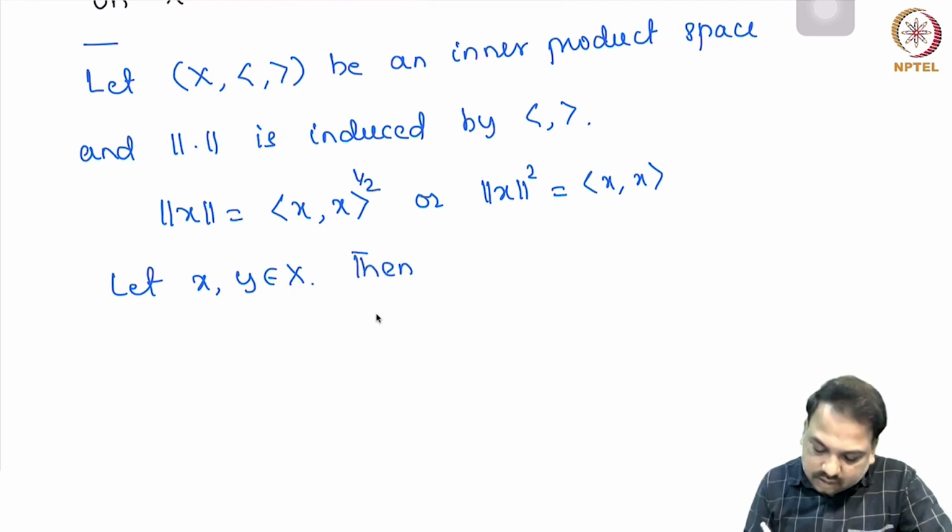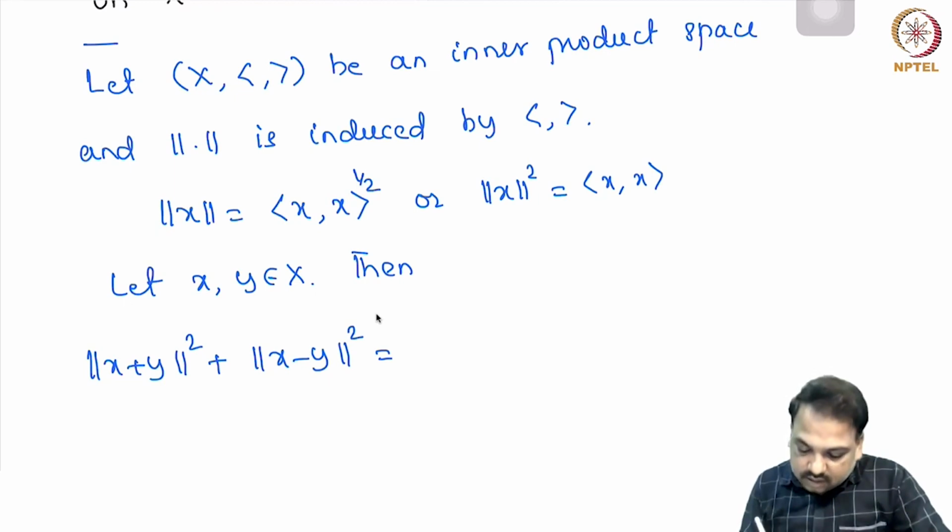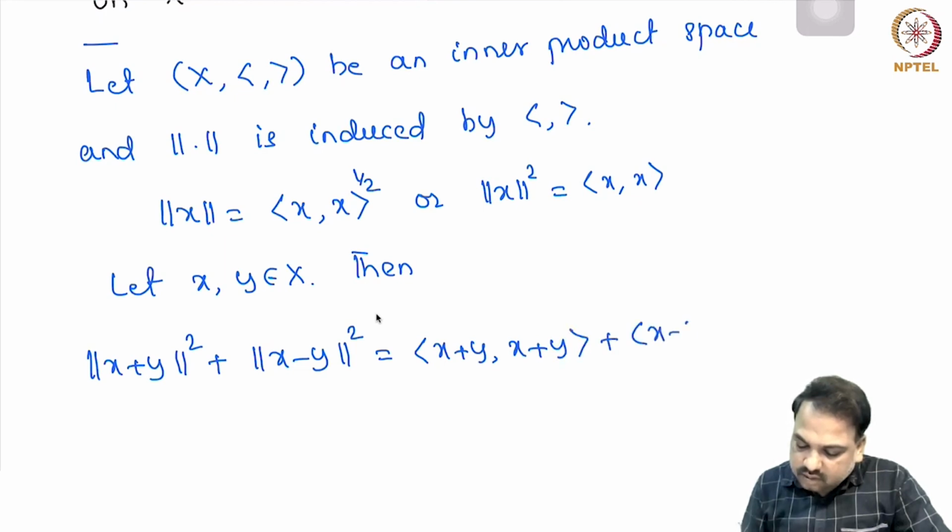Then if you look at norm of X plus Y squared plus norm of X minus Y squared, this we can write as the inner product of X plus Y with itself plus the inner product of X minus Y with itself.